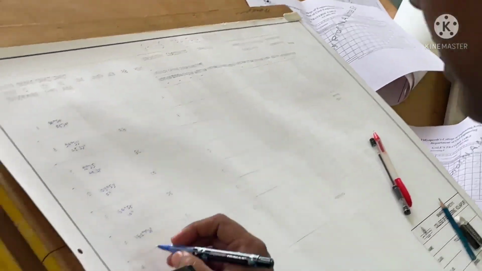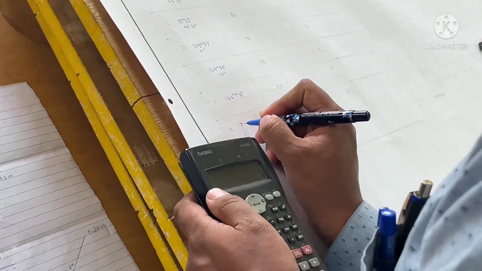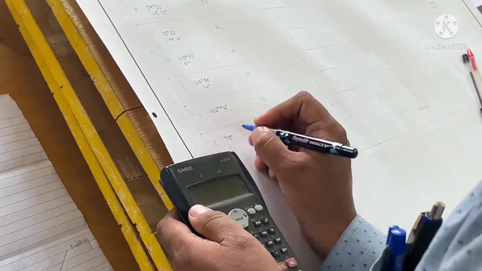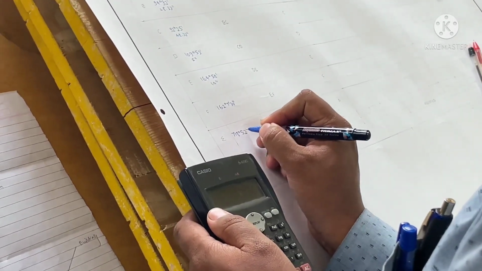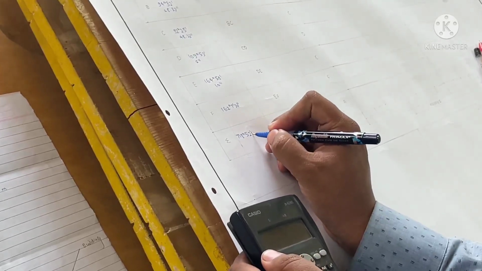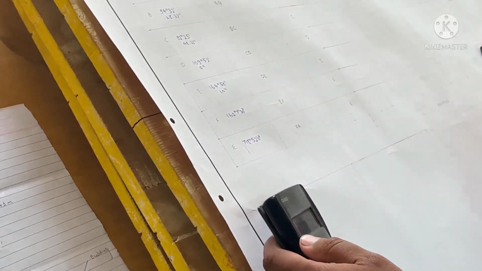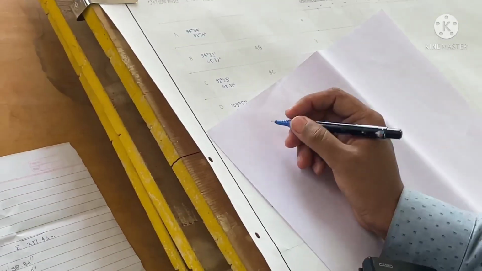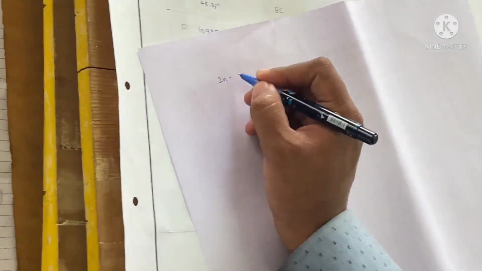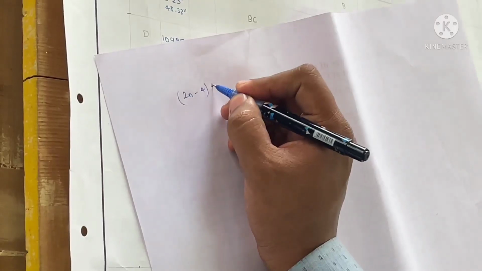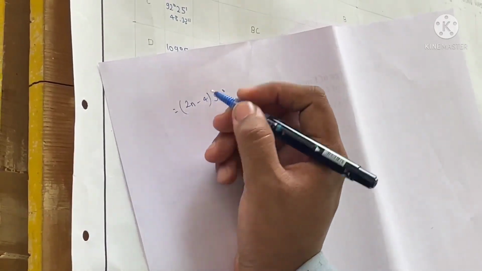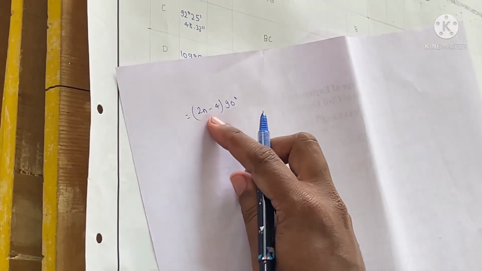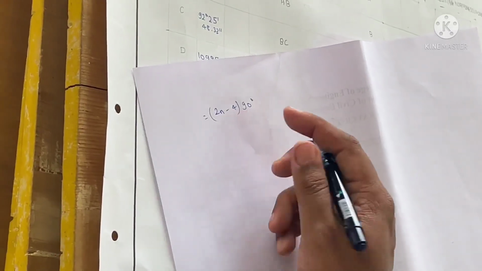So I will write it here: 718 degrees 52 minutes 0 seconds. As per the rule, the sum of interior angles should be equal to (2n minus 4) into 90, which we are going to check.